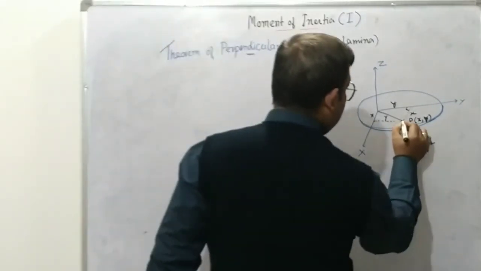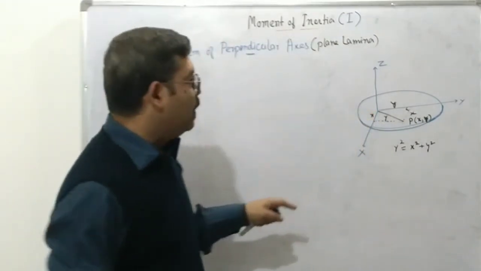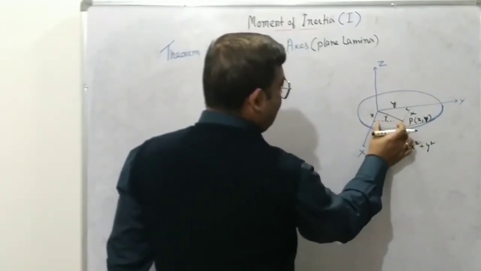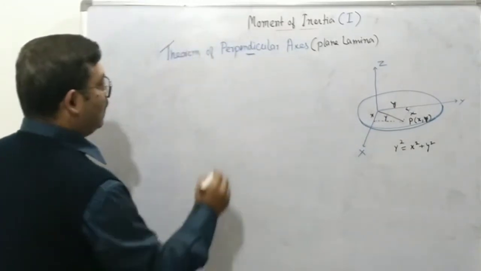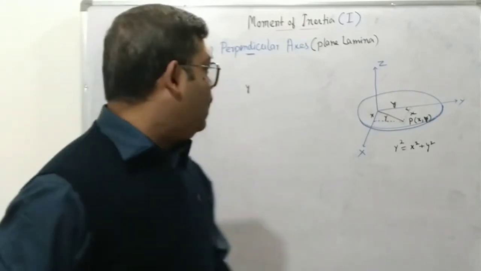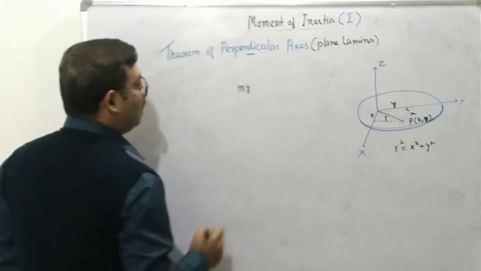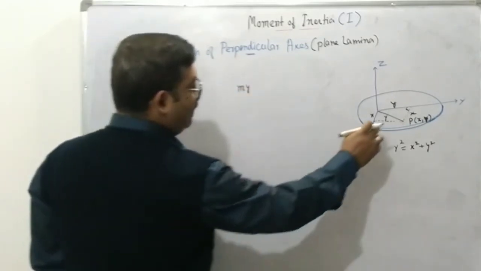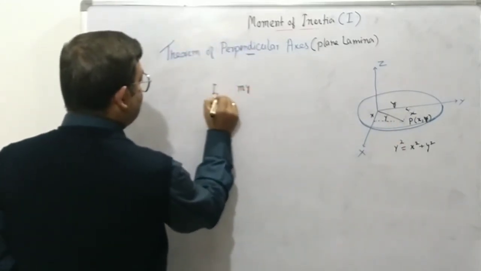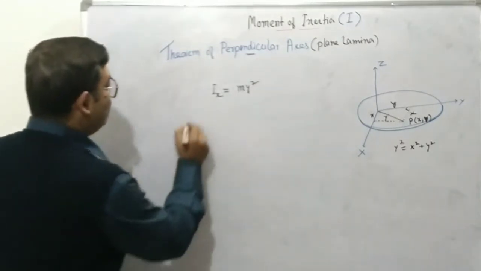Now if I consider this particular point, what is its distance from the x-axis? Its distance from the x-axis will be along this, so this length is equal to y. So the distance of the point P from the x-axis is y. Now let's consider there is a small mass m. Then the moment of inertia of this mass situated at point P about the x-axis will be given by m y squared.